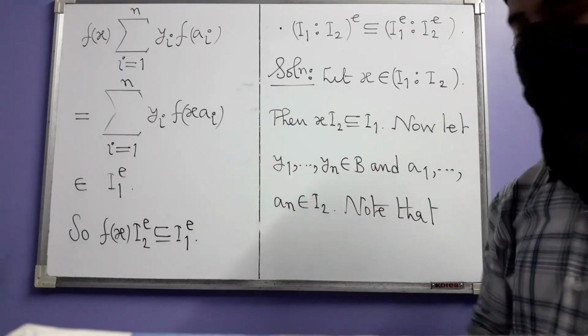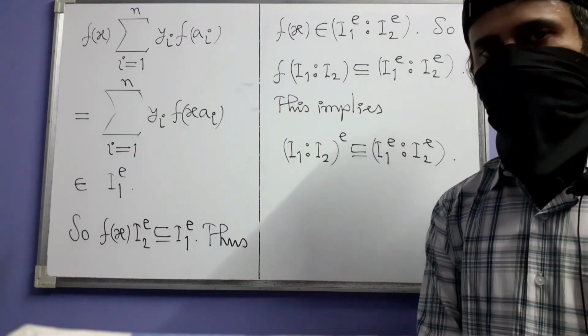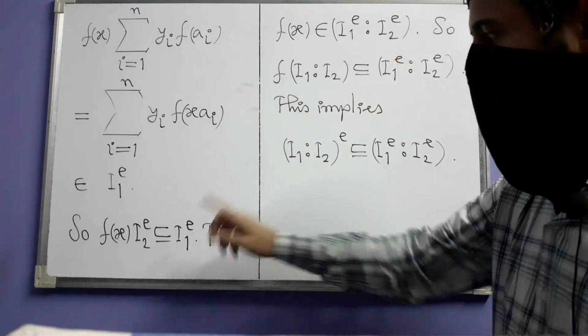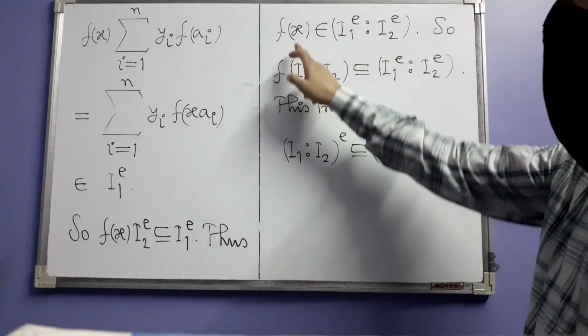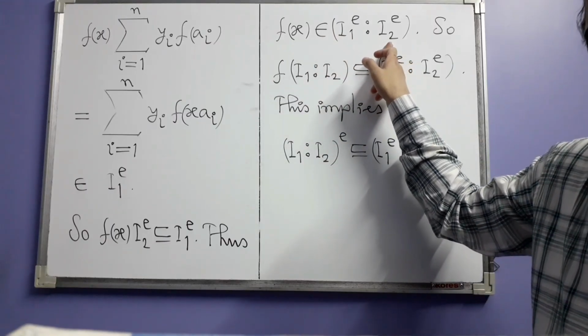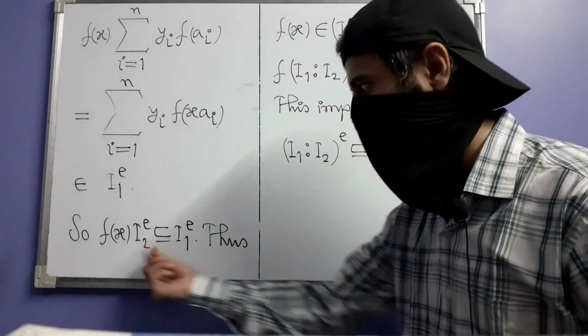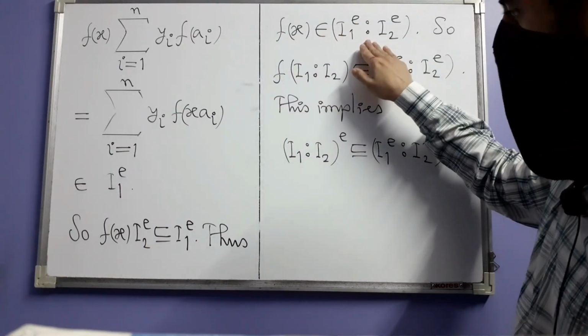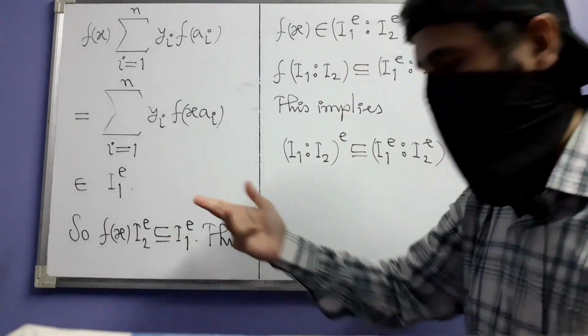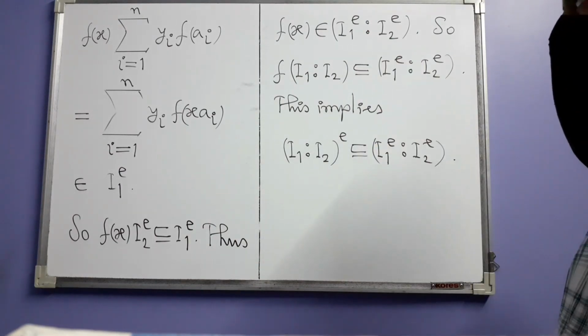And now this containment will tell you something immediately. Thus, f of x is an element of this quotient ideal, (I1 extension : I2 extension), because f of x being an element here just simply means this. This is the definition of this quotient ideal.